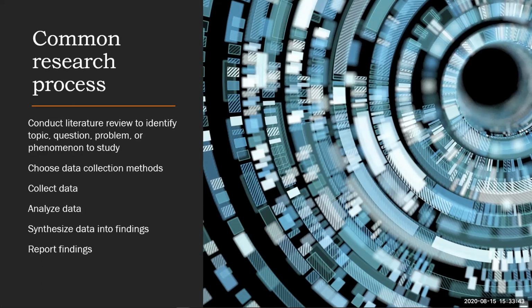Once we have our problem, our general idea of what we want to study, then we have to choose data collection methods. Are we going to go quant? Are we going to go qualitative? What instruments are we going to use to collect this? Are we going to do direct observation? How are we going to do it? You have to figure that part out next. Then you collect the data. Once you've got your data collected, you've got to organize it, clean it up, get it ready. Then you analyze it. Once your analysis is conducted, then you have to synthesize the data into findings.